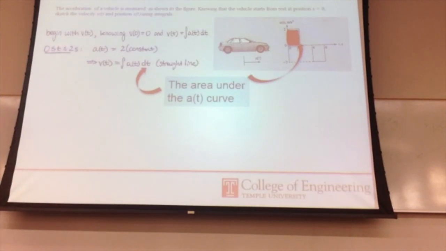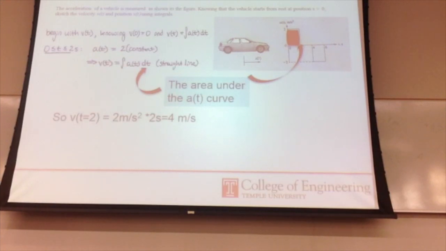In the first part, from 0 to 2 seconds, the velocity is the integral of a dt, which is the area under the curve from 0 to 2 seconds. What's the area under that curve? 4. So the velocity at time 2 is equal to 2 meters per second squared times 2 seconds. It's 4 meters per second.